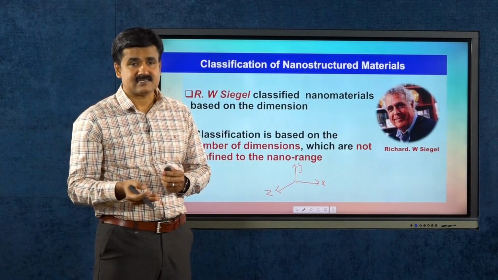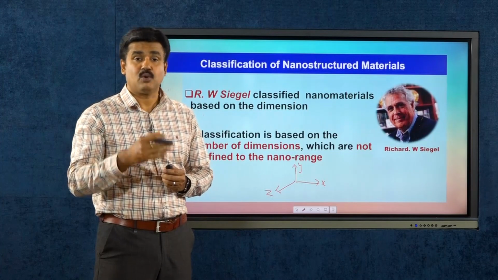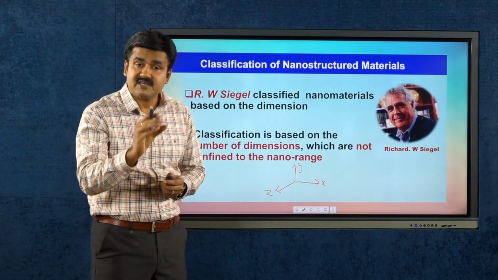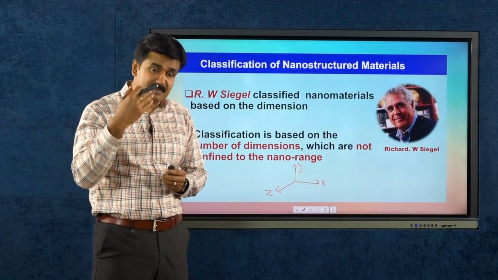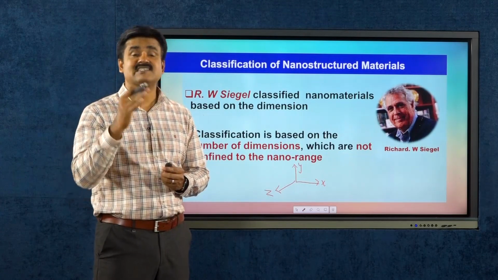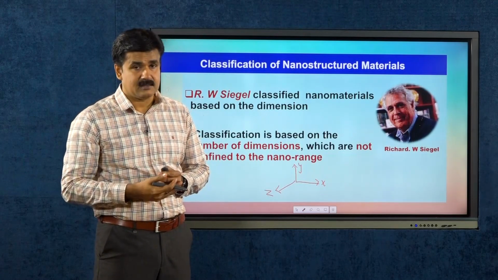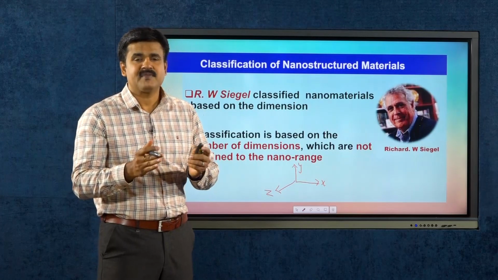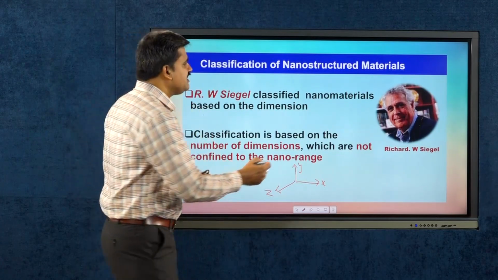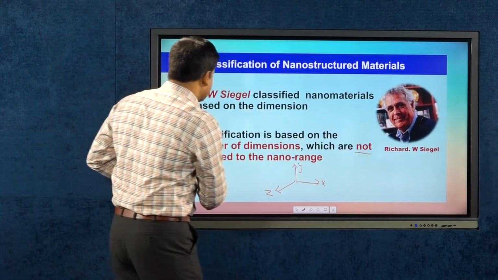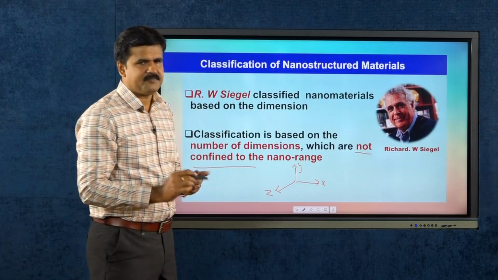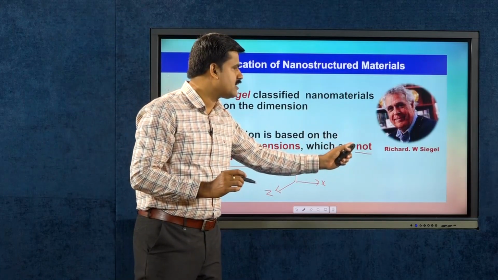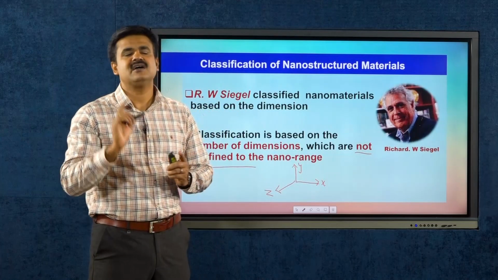In certain cases, all three dimensions are confined to the nano range. In some other case, it may be 1, in some other case, it may be 2, etc. So, we classify based on the dimensions which are not confined to the nano range. This is very important: which are not confined to the nano range.